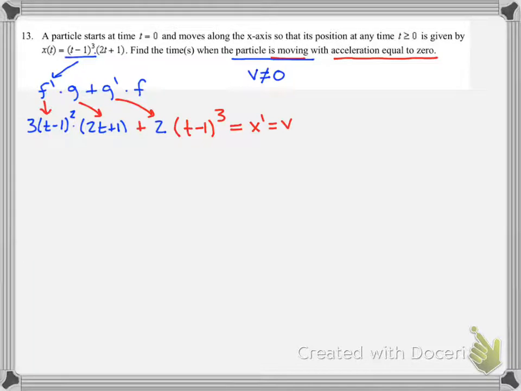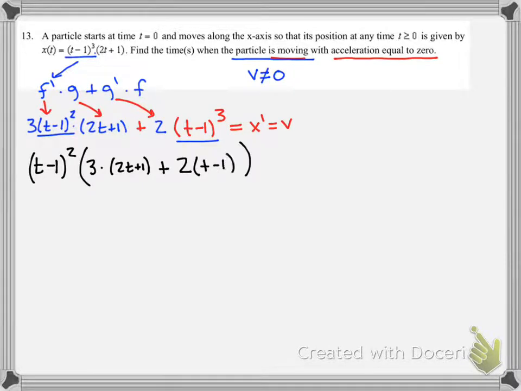And so this is kind of a mess, but I'm going to look to see if I can factor this. There's a (t minus 1) to the power of 2 and a (t minus 1) to the power of 3. So I'll factor out a (t minus 1) to the power of 2 from both terms. The first term is 3 times (2t plus 1). And the second term is this 2 times a (t minus 1) factor.